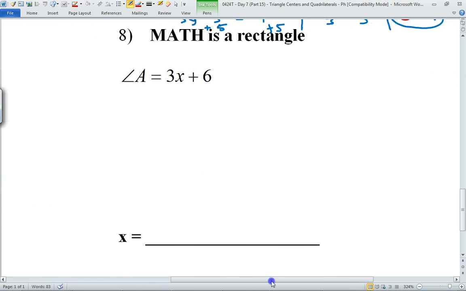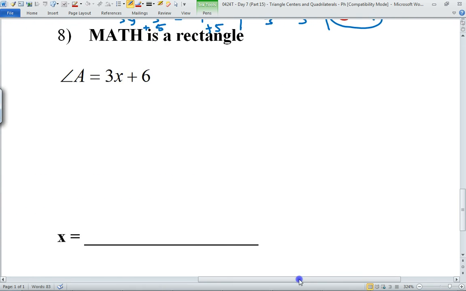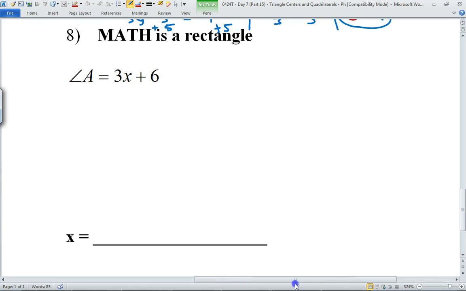Let's take a look at number 8. Where's the rest of it? Well, this is basically the same thing. If MATH is a rectangle, every angle is 90 degrees. So again, that means 3x plus 6 equals 90 degrees.